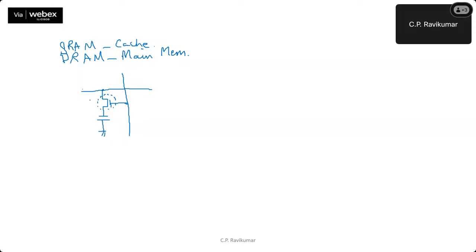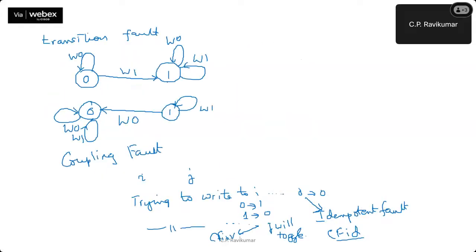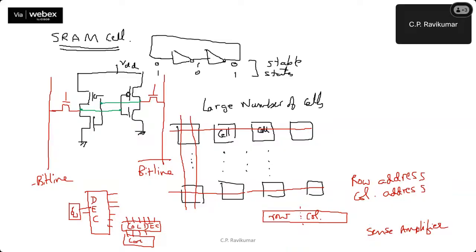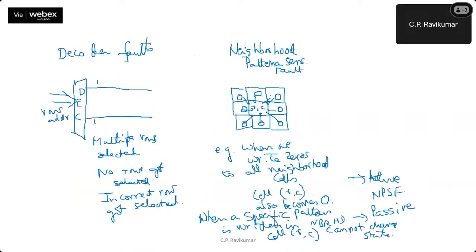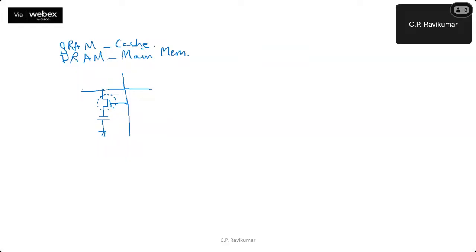That is the reason why the density of DRAMs is very high compared to SRAM cells, which require 6 transistors, right? Here we have only one transistor, and that too, it is not like both PMOS and NMOS. Only one kind of transistor is present. So in that sense, fabrication will also be much less complicated, right?